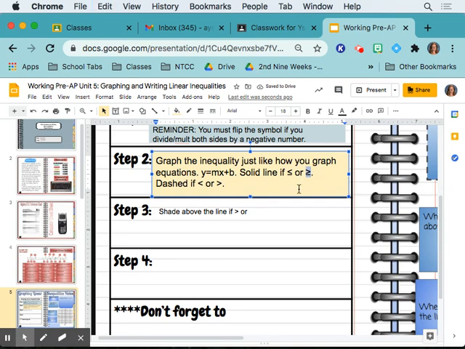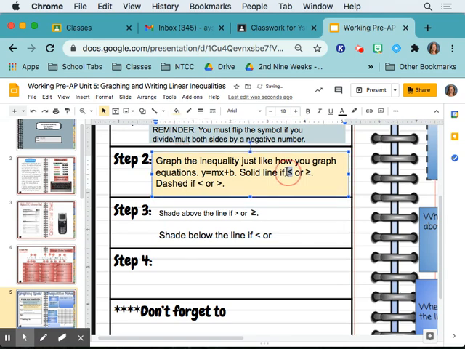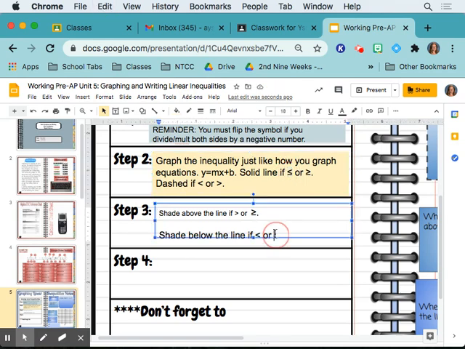I'm going to copy and paste this greater than or equal to symbol. And then shade below the line if less than or less than or equal to. So less means below, greater means above.